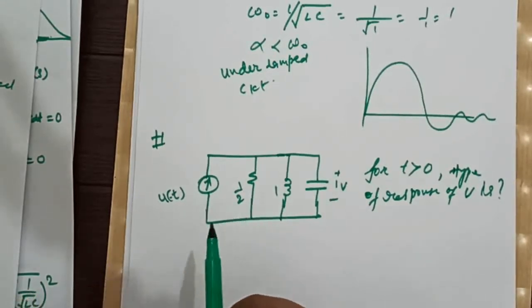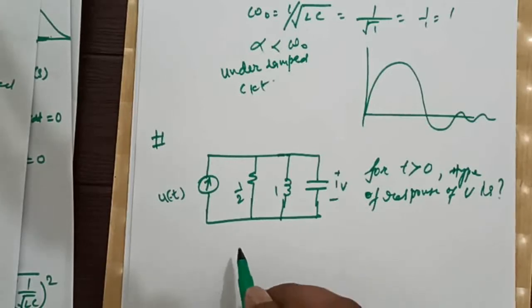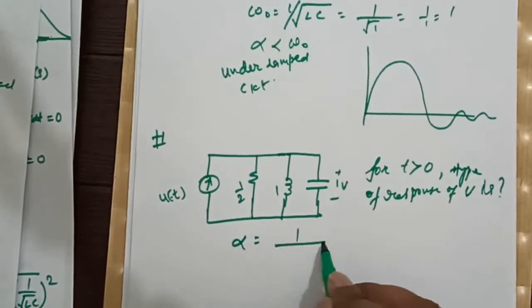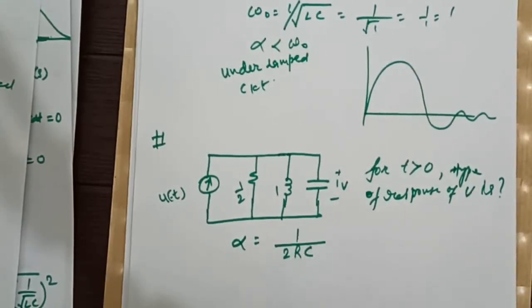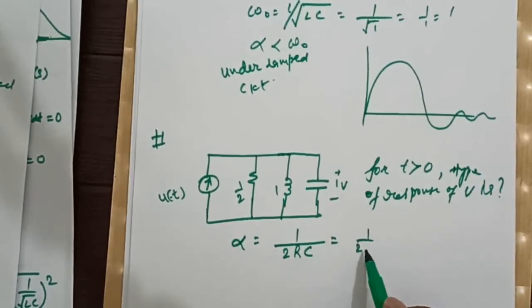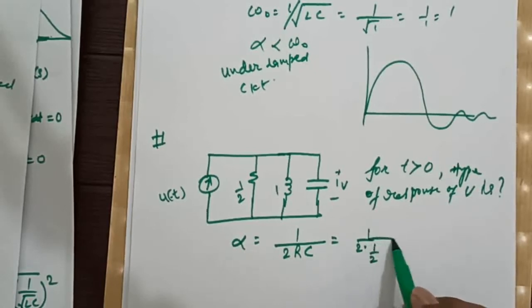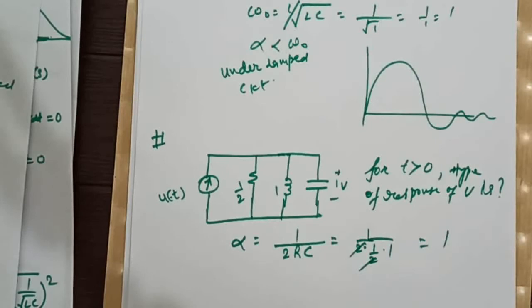Since this is the case of parallel RLC circuit, what is the value of alpha? In case of parallel RLC circuit, the value of alpha is nothing but 1 by 2RC. Here R is 1 by 2, C is 1, means it is 1. And what is omega naught?